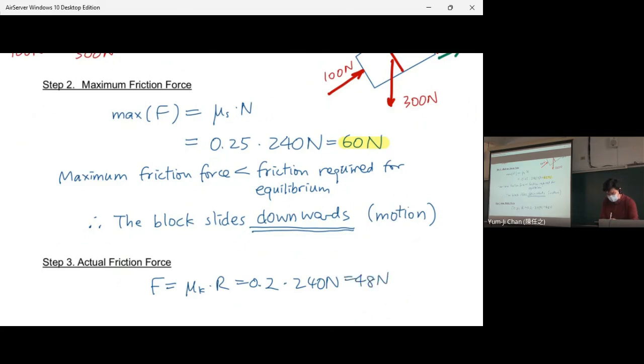So F is equal to 48 Newton at 37 degrees. This is just for a. This is arc sine of 0.6. Take your time to write it down.